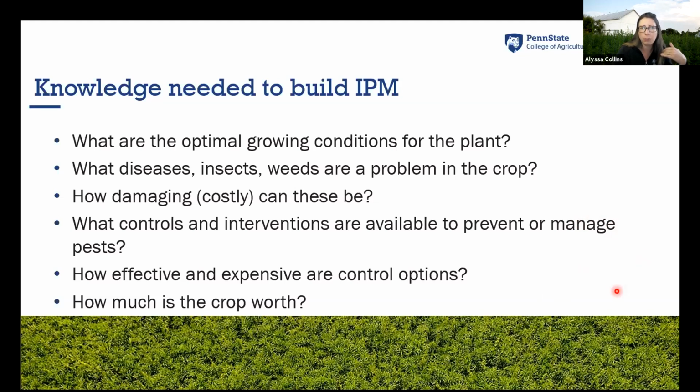So we don't have a lot of answers here yet, but a lot of that work is going on right now. And finally, how much is your crop worth? If you're not going to be able to sell your crop for very much, you know that you can't afford to spend a lot on pest or disease control. So all of these things are really integral in developing an IPM program.